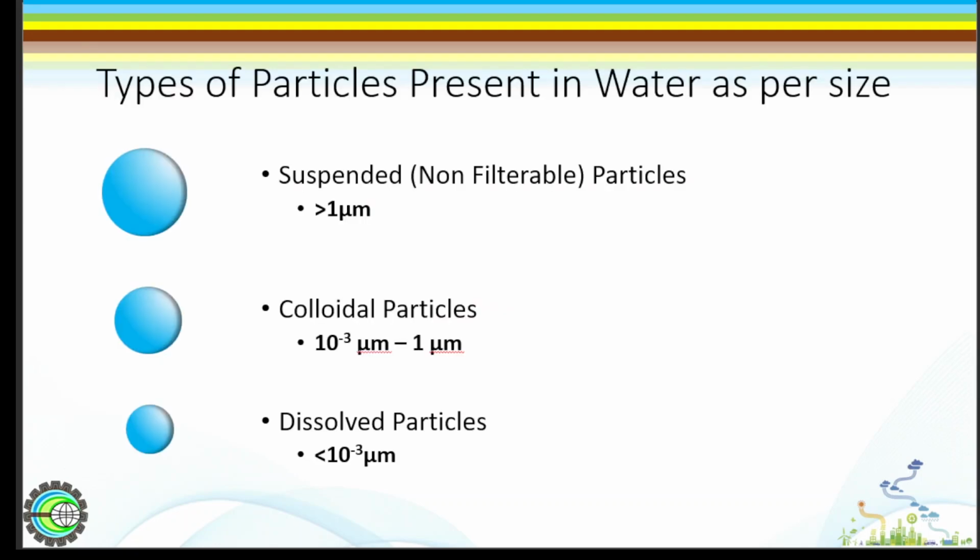So, how many types of solids are there as per the size of the particle? There are mainly three types of solids as per the size. First one is the suspended solids, which are of size greater than 1 micrometer, and colloidal particles, which are of size between 10 power minus 3 micrometers and 1 micrometer, and dissolved particles, which are of 10 power minus 3 micrometers and less.